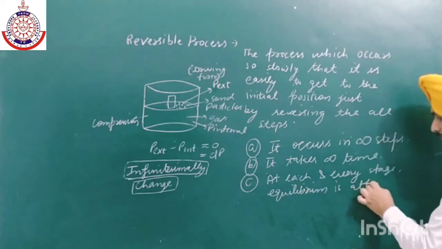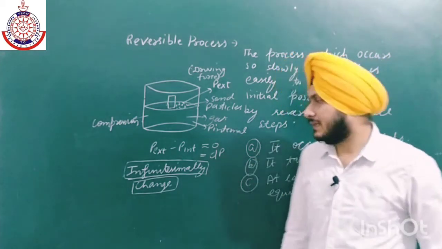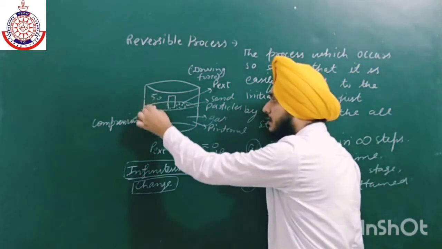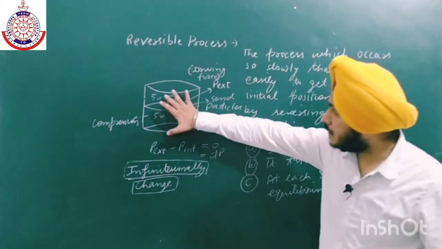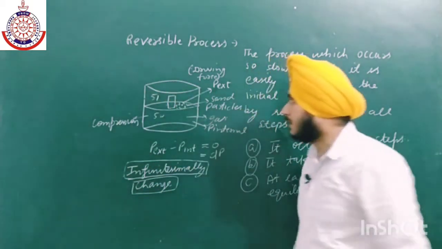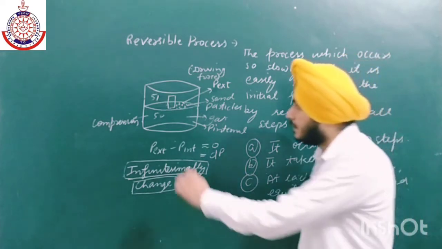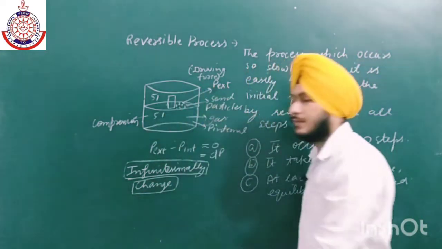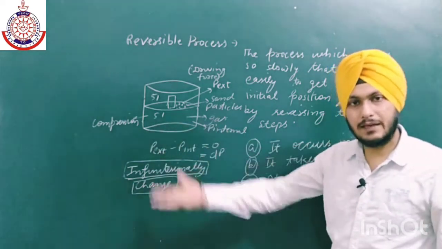For example, I am just taking some values: if the P external is 50 initially and the P internal is also 50, then the piston is at rest. Now if the external pressure becomes 51, then the piston starts moving downward and compression will take place, until the internal pressure again becomes 51.